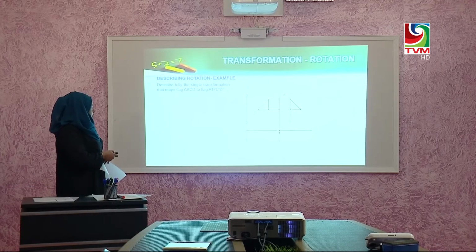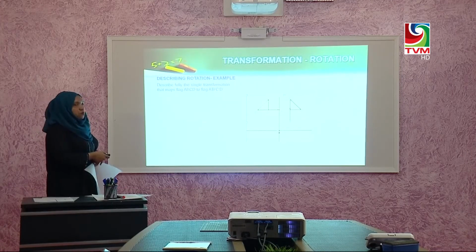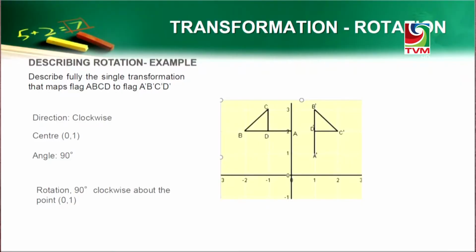So before we describe any type of transformation, we have to identify what type of transformation it is. So when we look at the image and the object, we know that it is not a translation, because translation is sliding of an object.